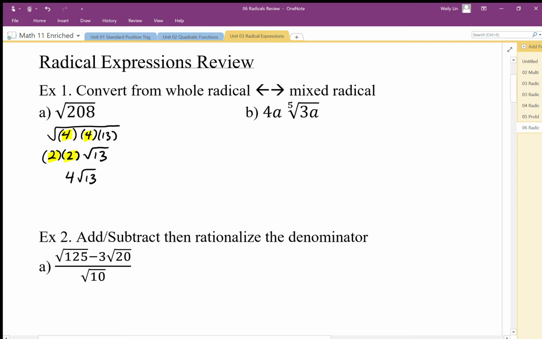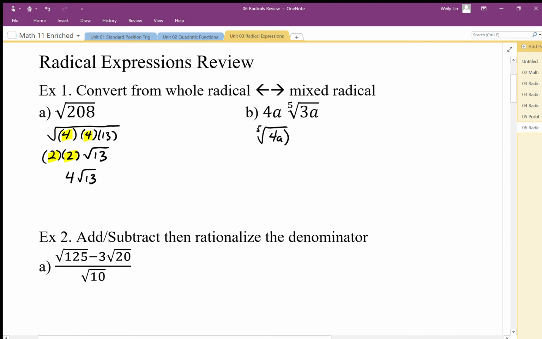To put a mixed radical into a whole radical or entire radical, we can look at the index here. We have to power the expression up to be able to put it inside. Essentially what we are doing is putting that expression under a fifth root.